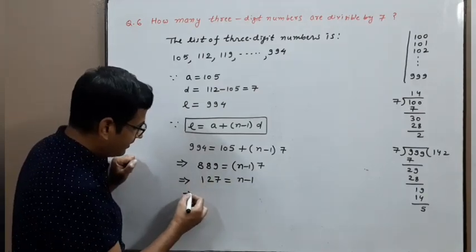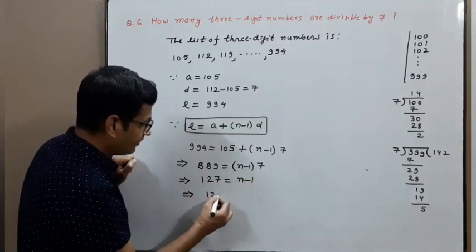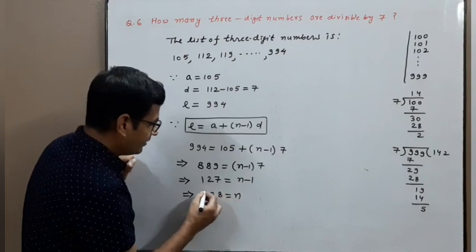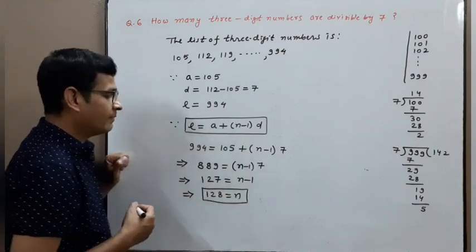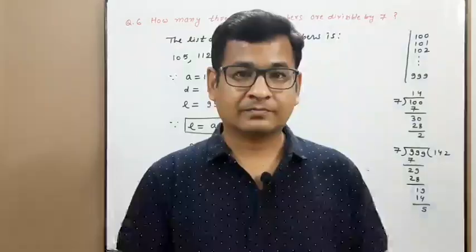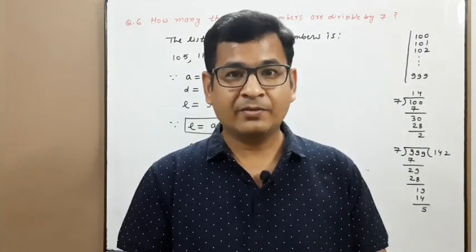Send 1 to that side: 127 plus 1, 128. So there are 128 3-digit numbers which are divisible by 7. Thank you. Have a nice day.